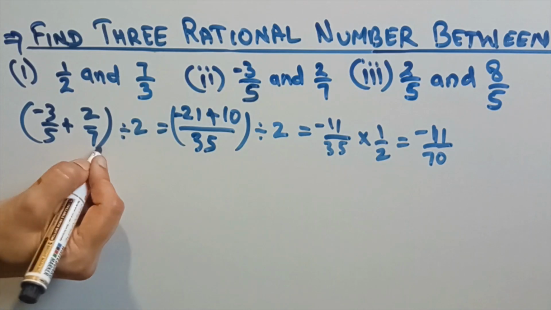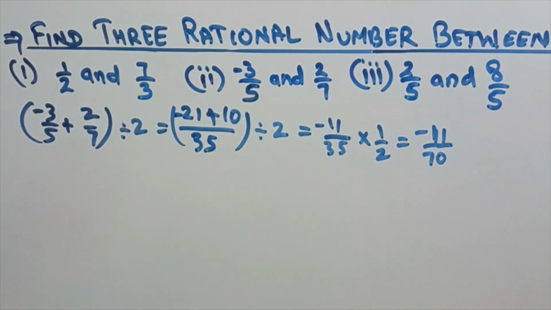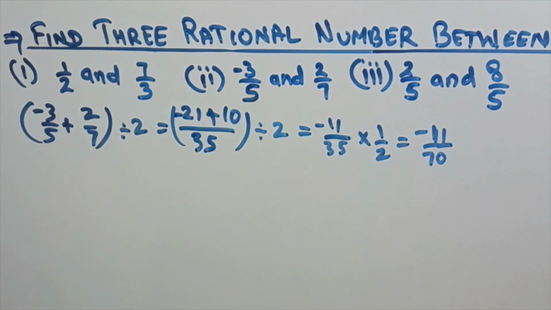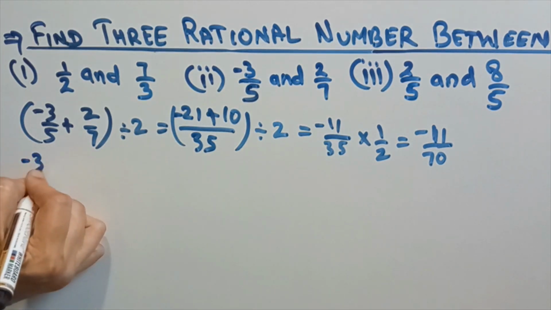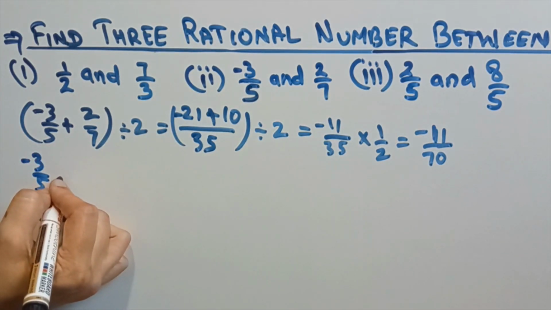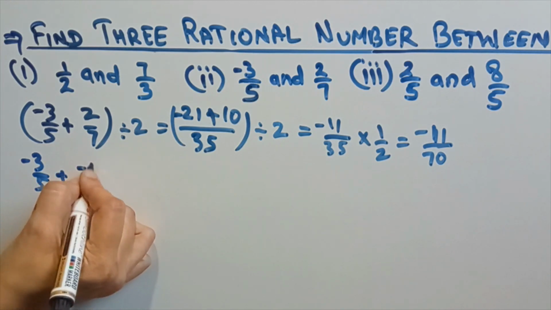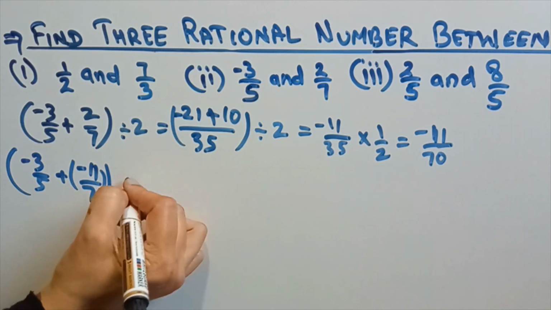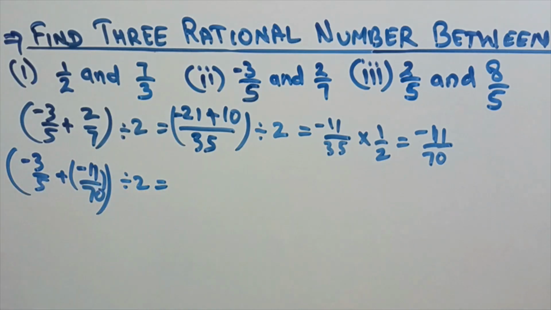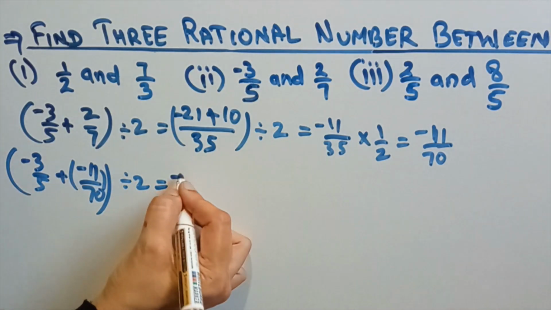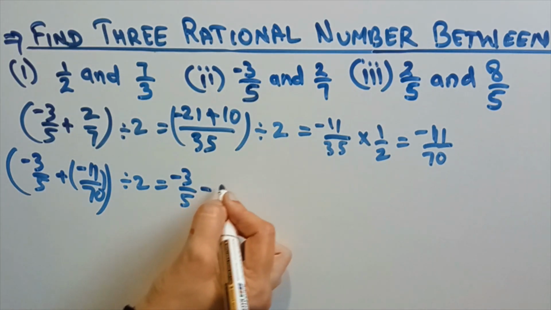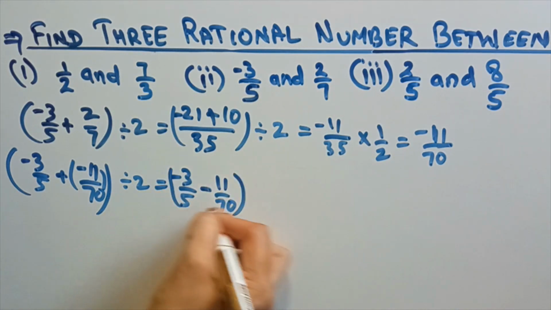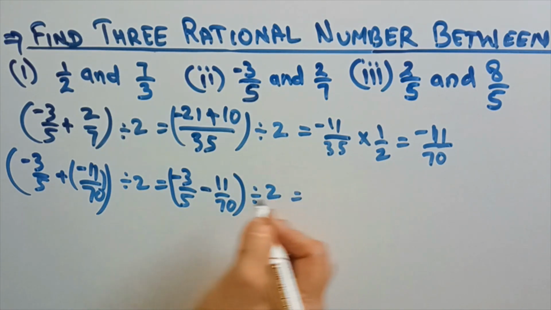This number is between these two numbers. Now we can take any pair. I am taking this, minus 3 by 5 and minus 11 by 70. So minus 3 by 5 plus minus 11 by 70, this divided by 2. So plus minus is minus: minus 3 by 5 minus 11 by 70, this divided by 2.